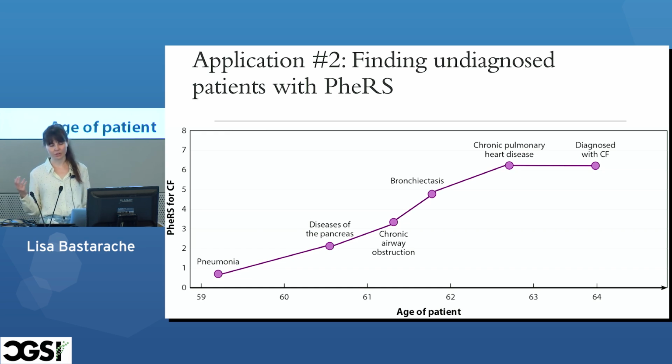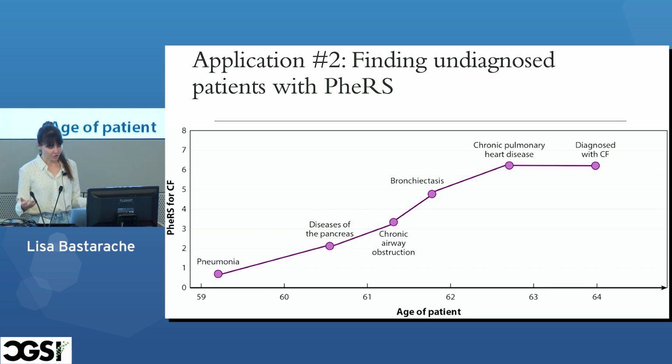As I mentioned earlier, we're now starting to realize that there are a lot of people who actually have these disorders, and some of them have very specific targeted treatments that are available and very effective. Cystic fibrosis is one of them. And these individuals, especially if they present atypically, can be really difficult to diagnose for clinicians. So the idea is, could we use these scores in a big medical population, find people who have very high scores, and then suggest to their doctor that they get genetically tested and help these patients?